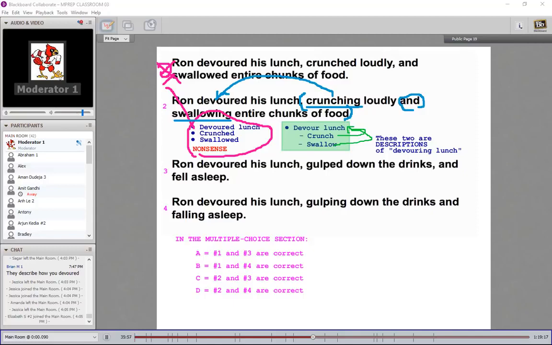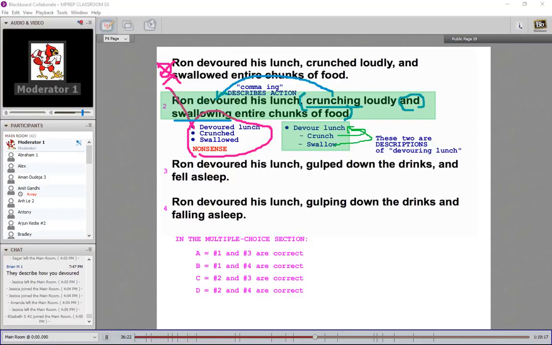If you don't know how those work, they're in our strategy guide. We also have study hall sessions on it. But comma ing is perfect here. It describes this action. This is exactly what we want to do. So this is the one that works out of these two, as opposed to these two that are down here.